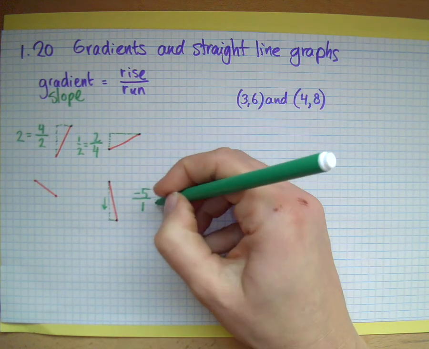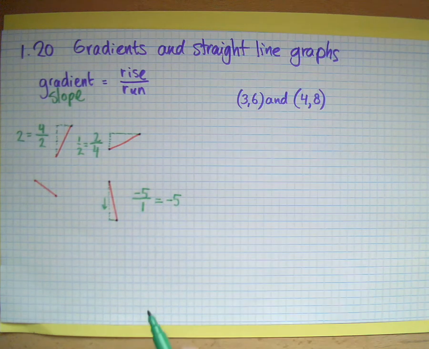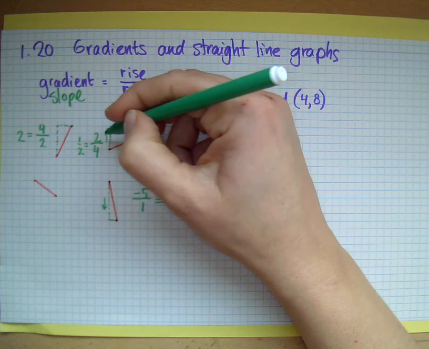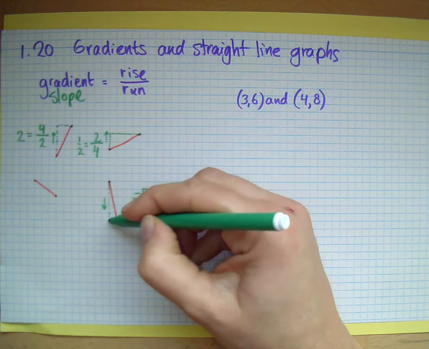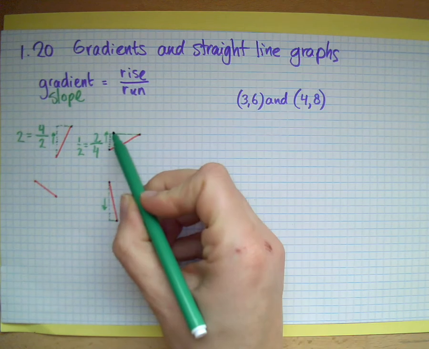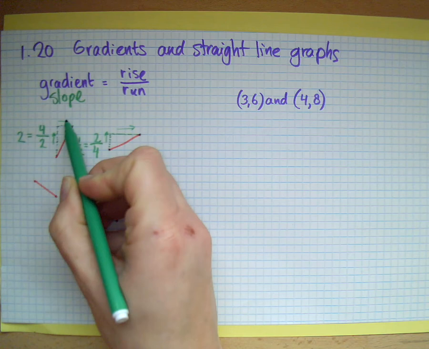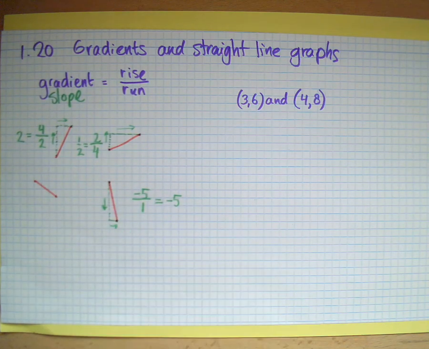So negative 5 over 1 is negative 5. So you notice that rise is positive when it goes up, and negative when it goes down. The run is positive when it goes towards the right, here, towards the right, and here, towards the right, it's positive. Okay.